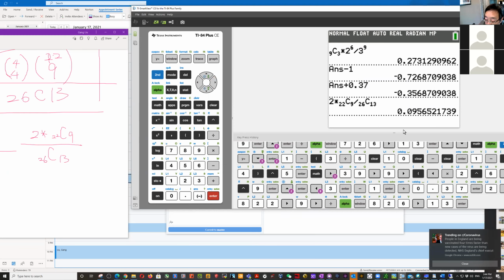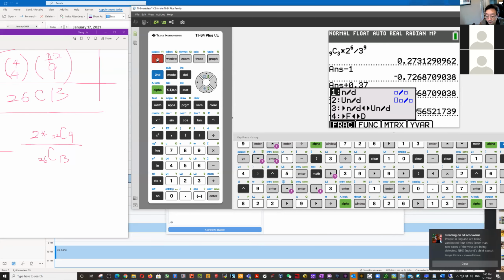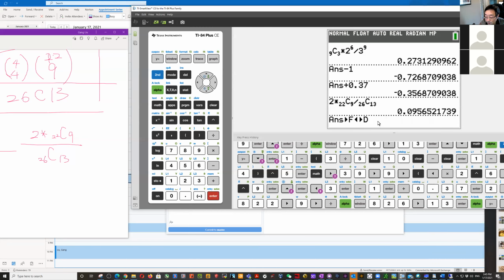Yeah, so one of the advantages of the TI calculator is that you are able to convert into a fraction. So let's try to do that. So you press alpha y, and then this is the fraction decimal. The first function is the decimal and fraction conversion.